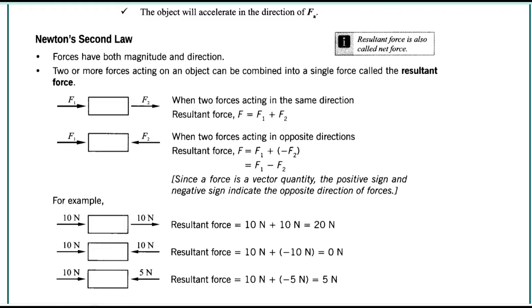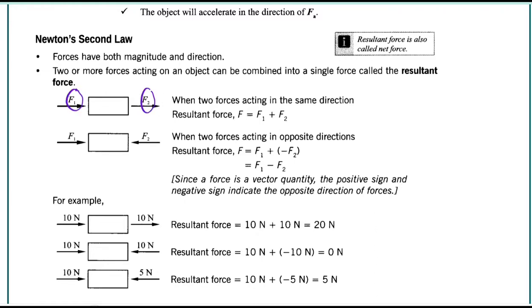Two or more forces acting on an object can be combined into a single force called a resultant. Are we together? They can be combined into a force called a resultant.